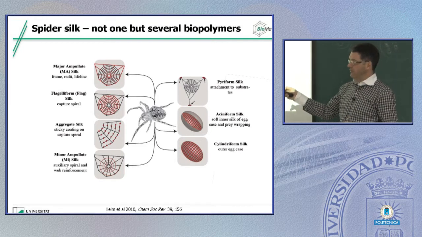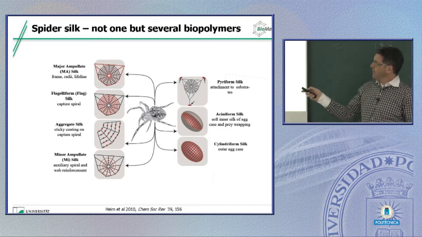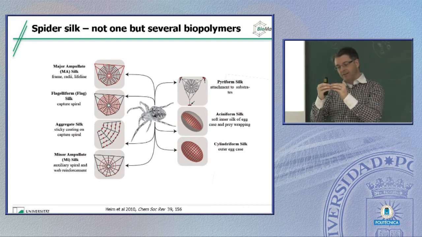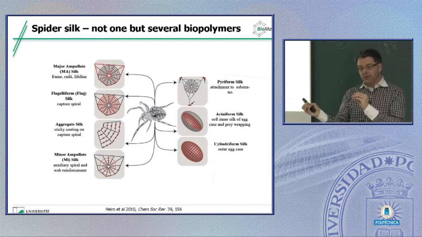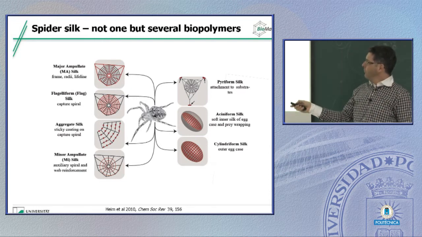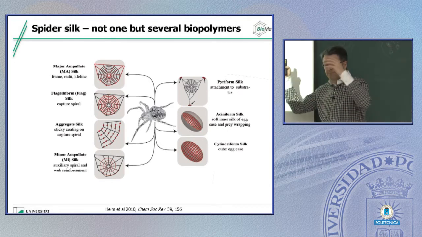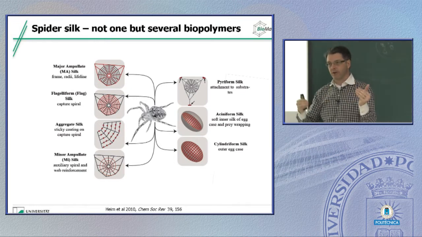In aggregate silk, we find a whole series of proteins. So not only do the individual silks differ in their properties derived from individual primary structures, they are also blends of different molecules. Such a spider can probably make up to 20, 25 different silk molecules, and they all differ.